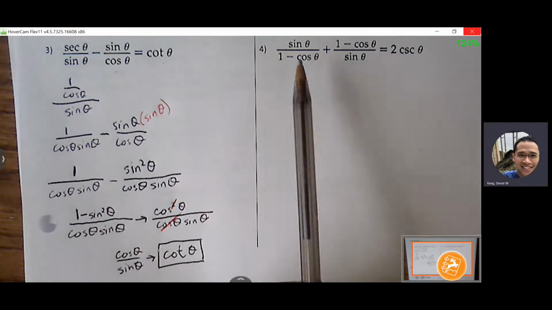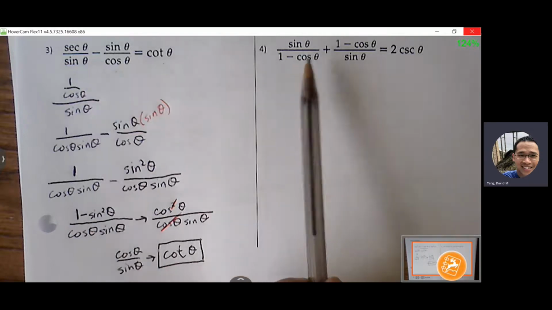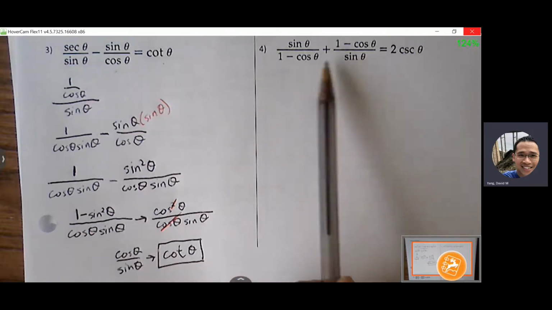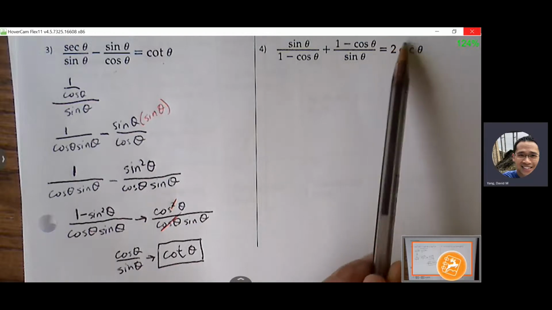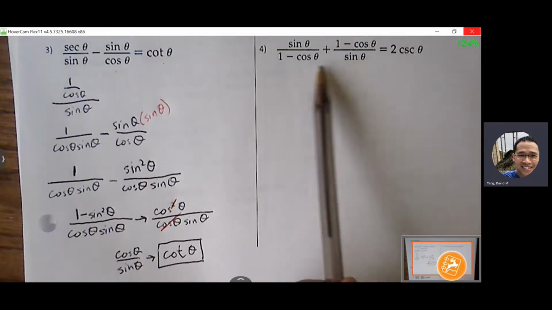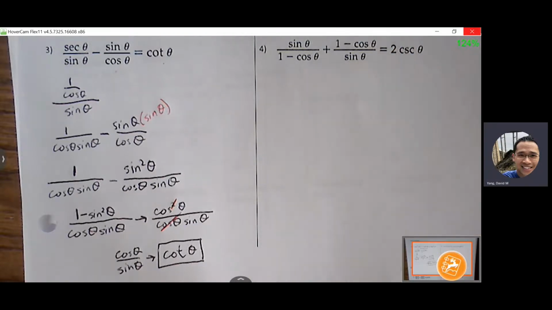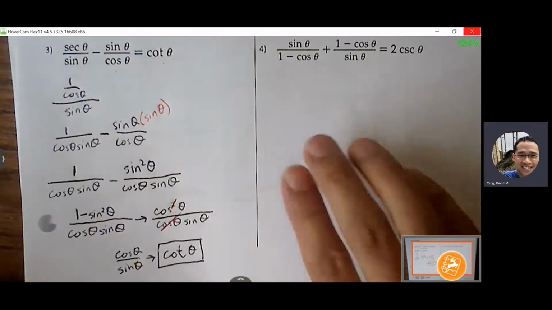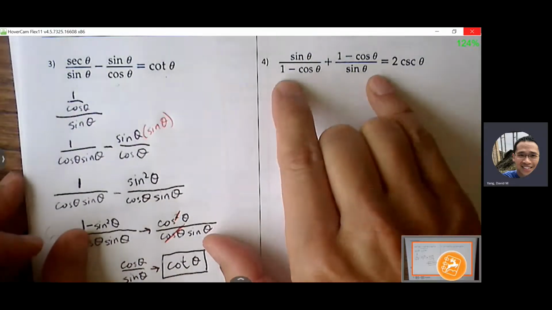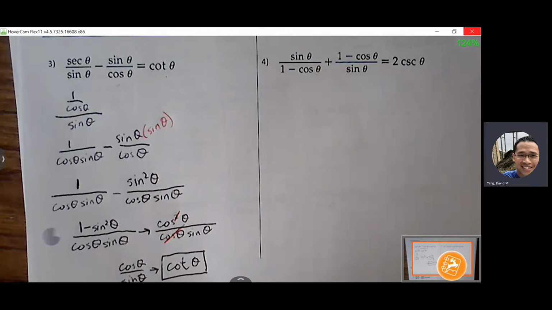Number 4 is very similar to number 3 in the sense that I have 2 fractions, but I need to end up with one term, so that's an indication that I probably need to go through common denominators. So my common denominator needs to include both.